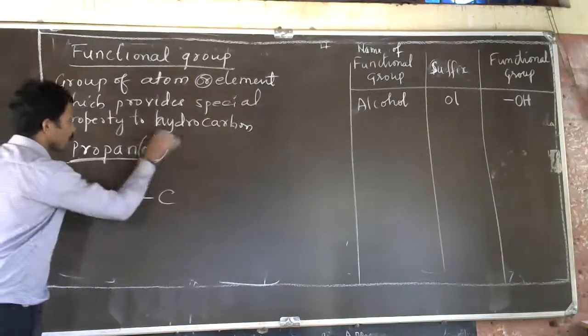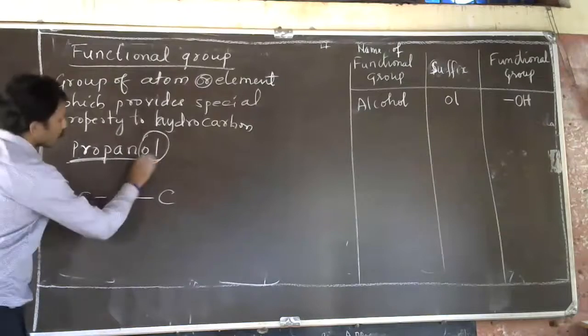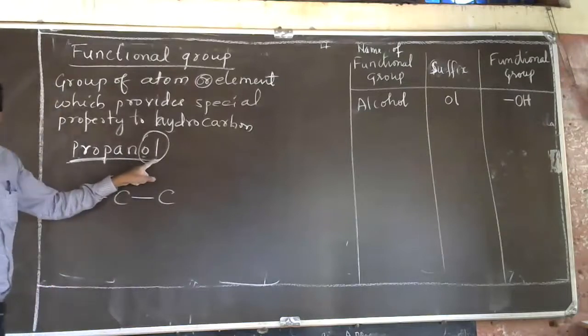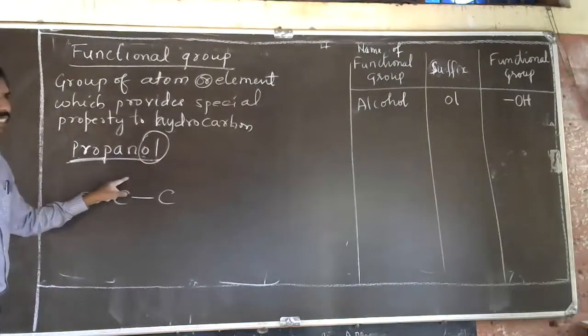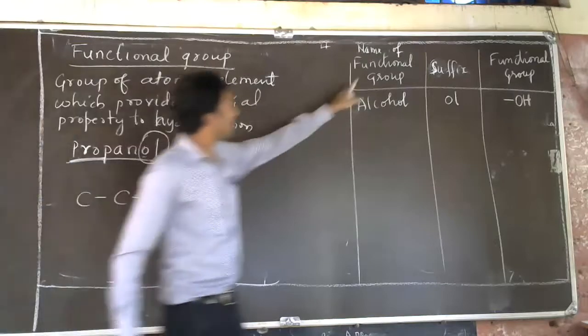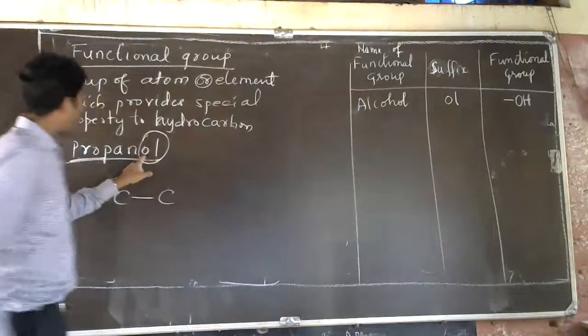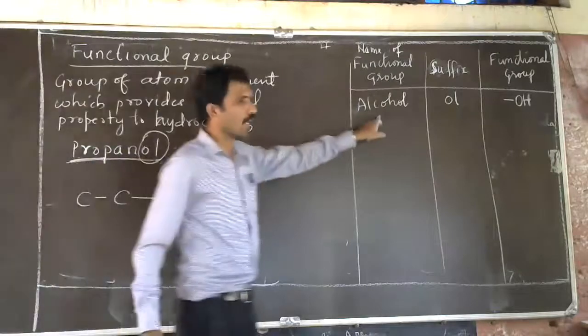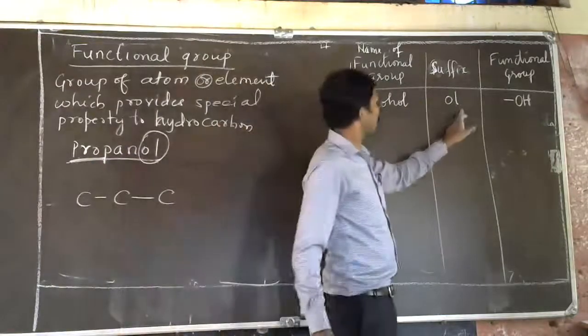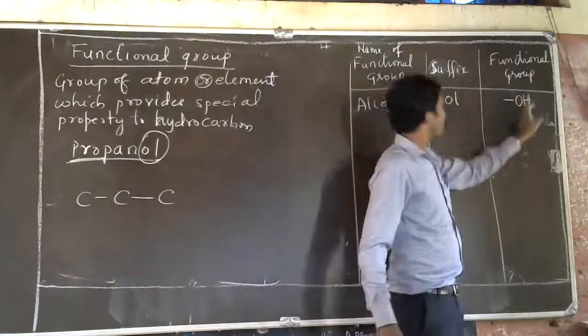Here suffix is OL. When OL suffix is there, you should understand that the name of the functional group is alcohol. When OH is there, the name of the functional group is alcohol, the suffix used is OL, and the functional group is OH.